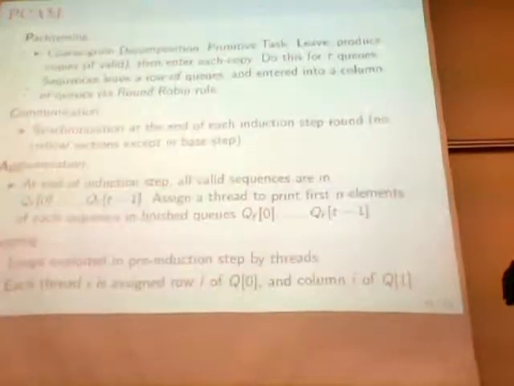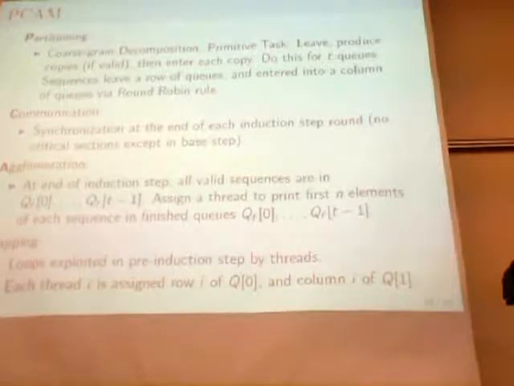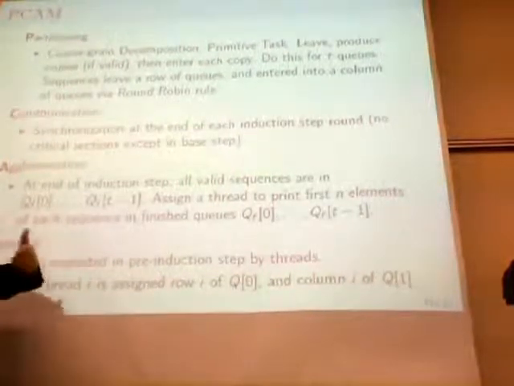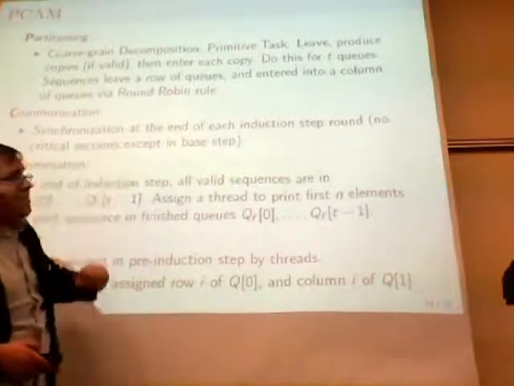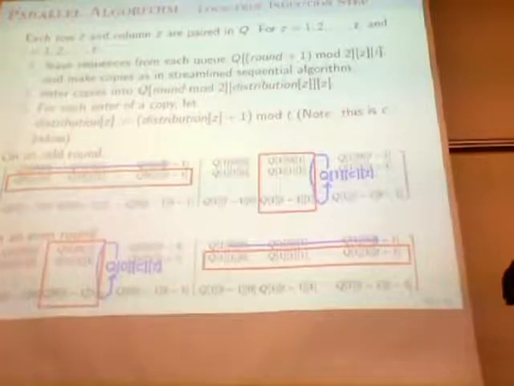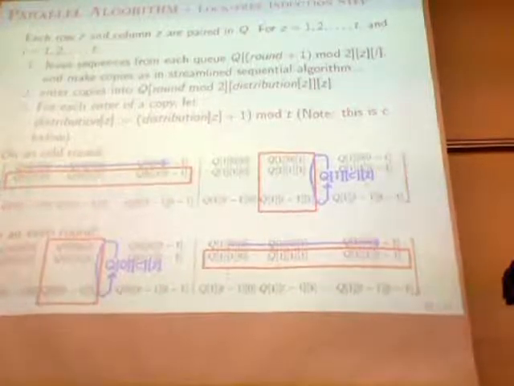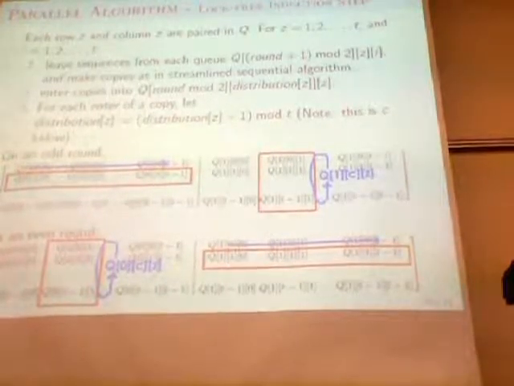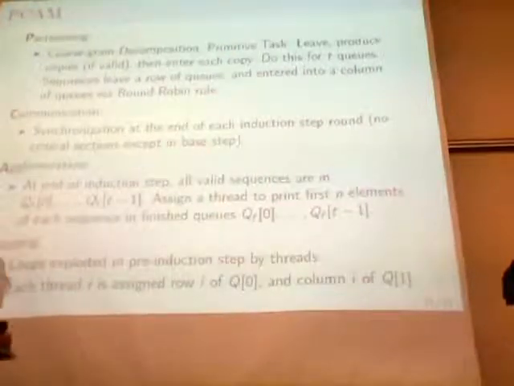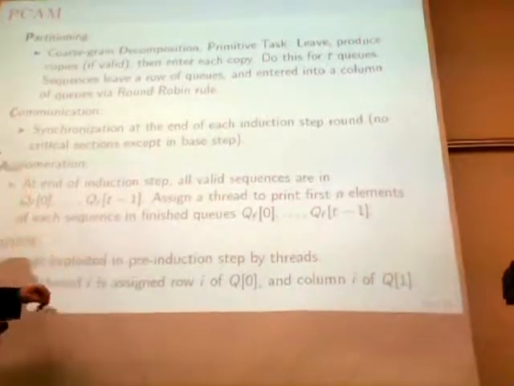Communication, the only bit of communication you have to really worry about, aside from the forks and the joins, is just at the end of the induction steps. We don't want any intermingling between these even and odd rounds. So they have to perform the synchronization at the end of each induction step. But inside of there, it's lock-free. No critical sections. So they can just do their own thing.